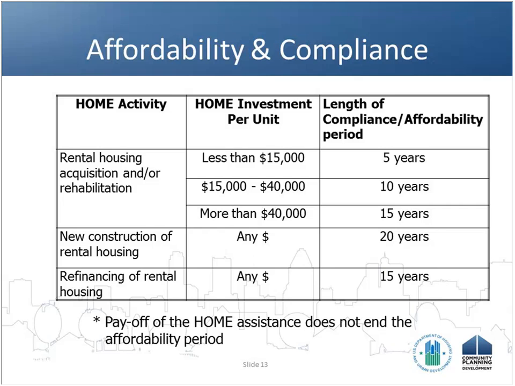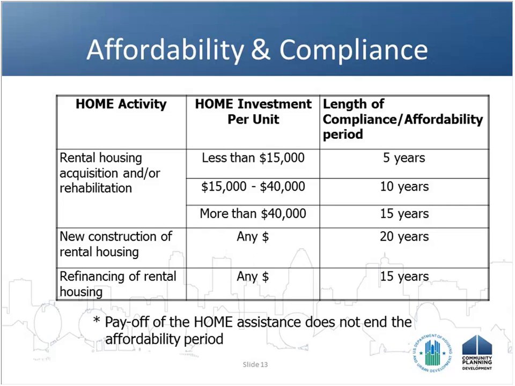So the HOME program itself has set up minimum standards on affordability, and the requirement for the PJ as part of the underwriting is to make sure that when they fund that project, it's going to be sustainable for that affordability period. So as part of your underwriting, let's say we have an existing property that's going to be rehabbed.